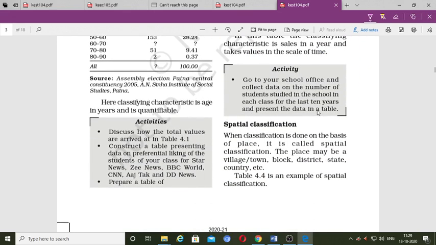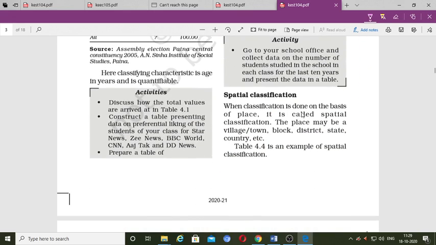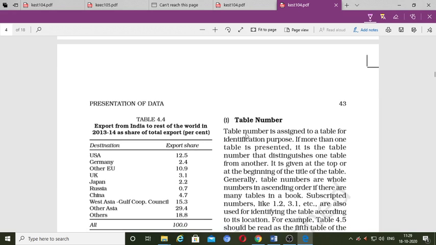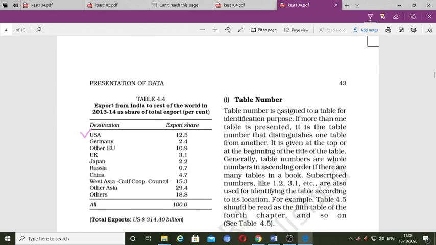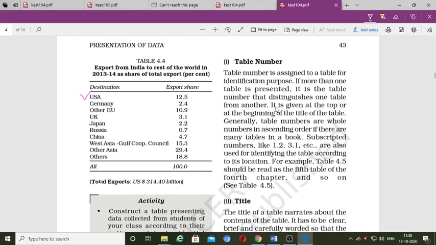Next is spatial classification. What is spatial classification? In this classification, we present the data by taking the names of different places geographically. The place may be a village, town, block, district, state, country, anything. For example, in spatial classification we have taken the export share of different countries, exports from India to the rest of the world in the year 2013-14.